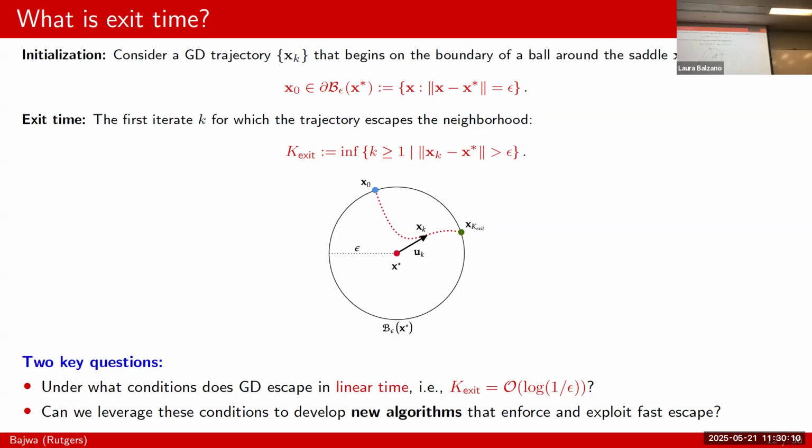We don't want to spend that much time there, so what matters is the first time. Now, you could ask whether it is possible to leave and come back. We address that also: as long as the gradients in this region are higher than a certain threshold, you would never return to your saddle neighborhood. So that's why it's the infimum, the first time you leave.